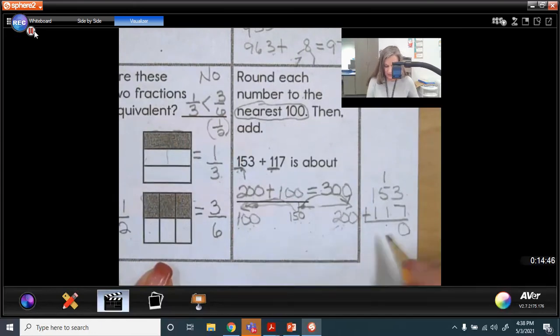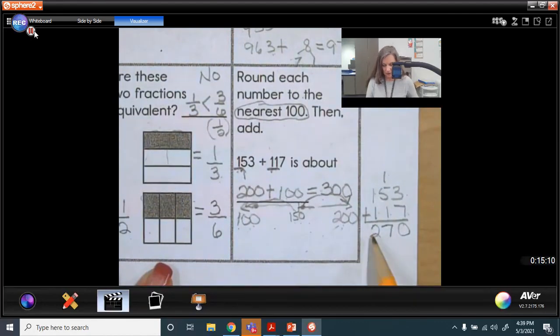So 7 tens, and then I don't have enough tens to make a new 100. So I'm just going to add these hundreds that I have, which is 100 and 100, makes 200, and that's 270. Now, if I look at 300 compared to 270, these are fairly close to each other.